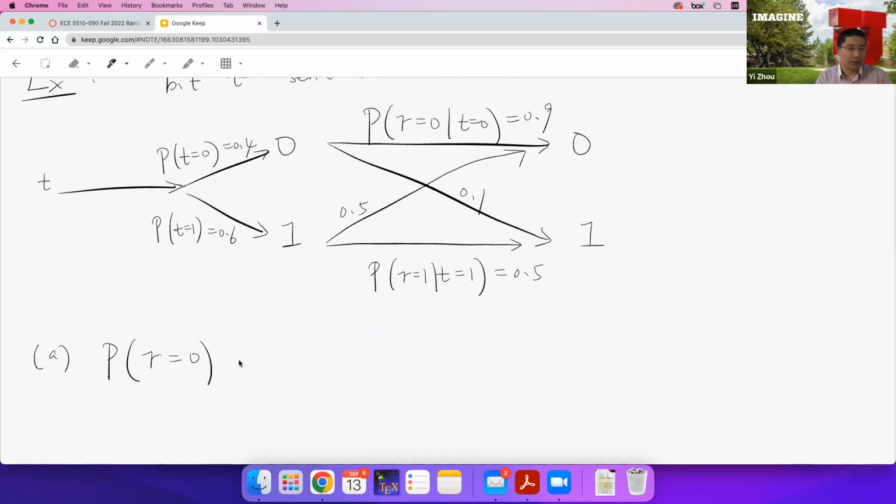So we decompose the probability of this event based on the partition lemma. There are 2 cases. One is that the transmitted message is 0, and then we receive a 0 given this transmitted message.